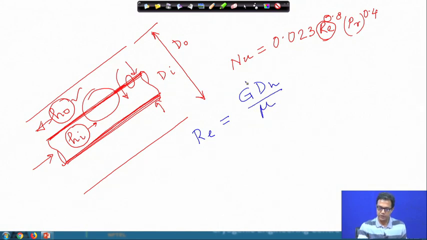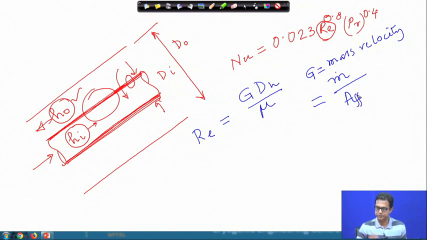What is this G? G stands for the mass velocity. G is called the mass velocity. So, this is nothing but the mass flow rate divided by the free flow area. What is the free flow area here?